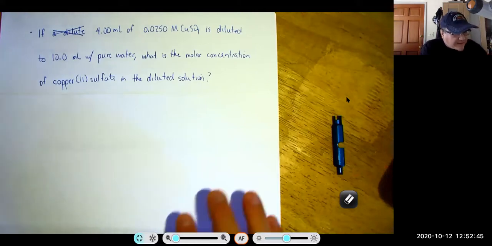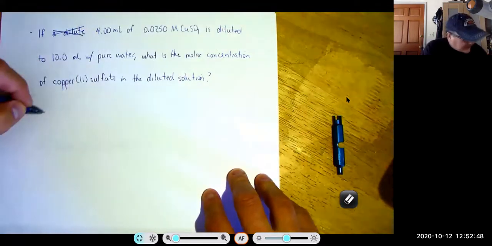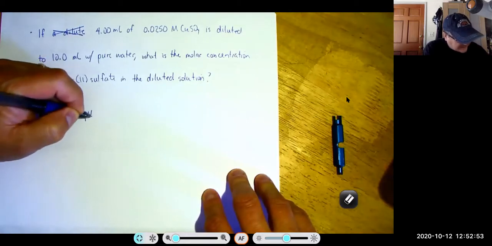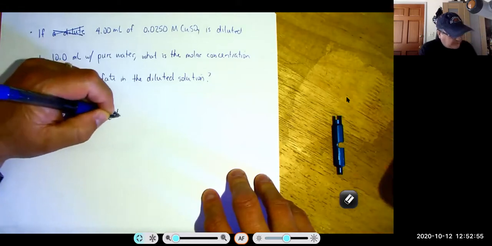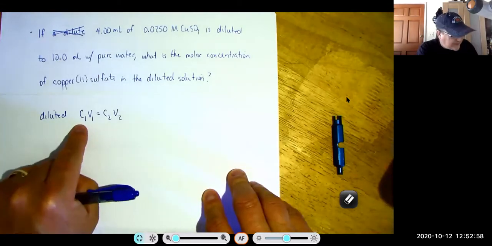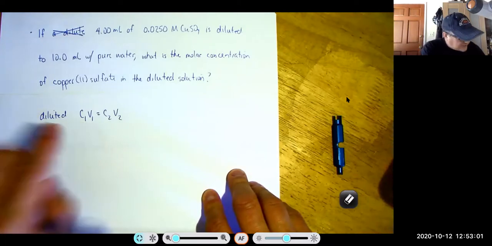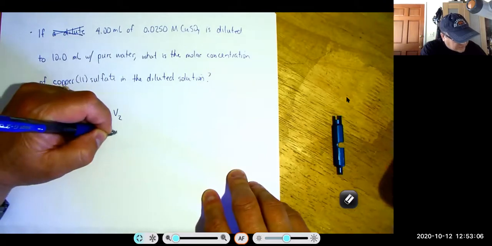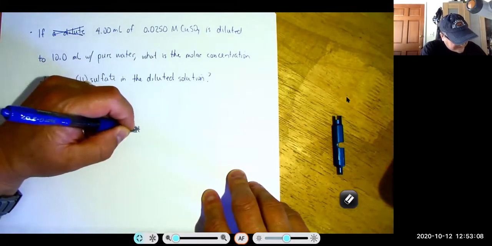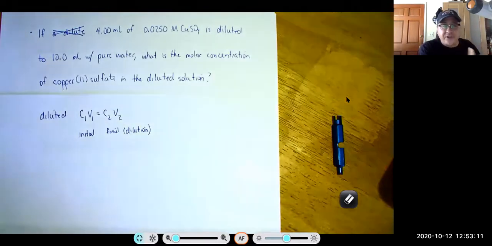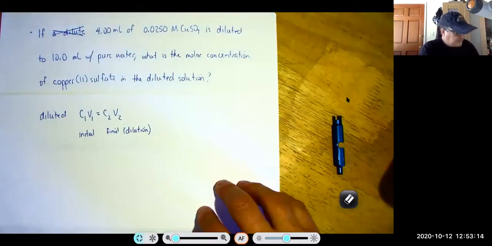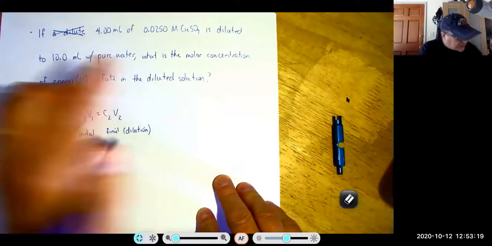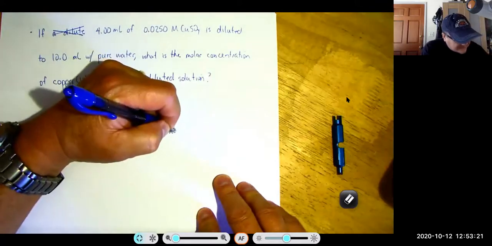Okay, now for a problem like this, normally when you see the word diluted, you're going to use this formula here, where C is concentration and V is volume. So this is basically the initial, and this is the final, which is also called the dilution. Dilution just means the diluted solution. And here you can see what is the molar concentration in the diluted solution. We want C2.